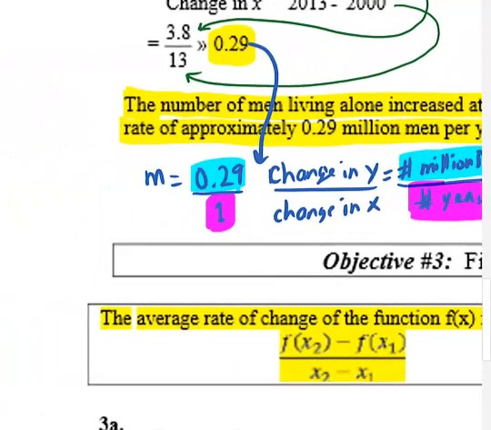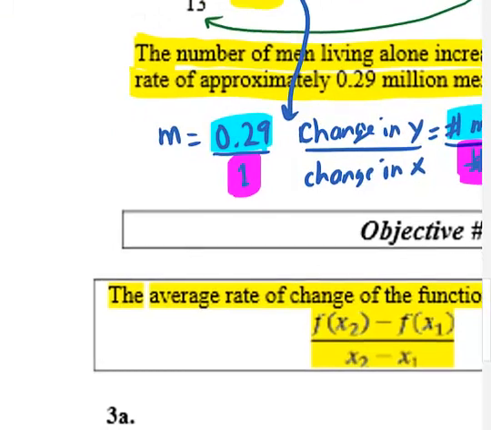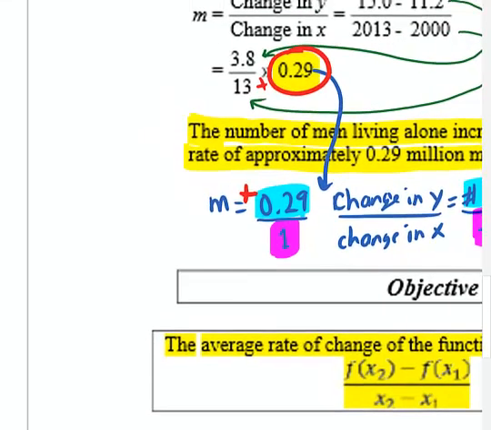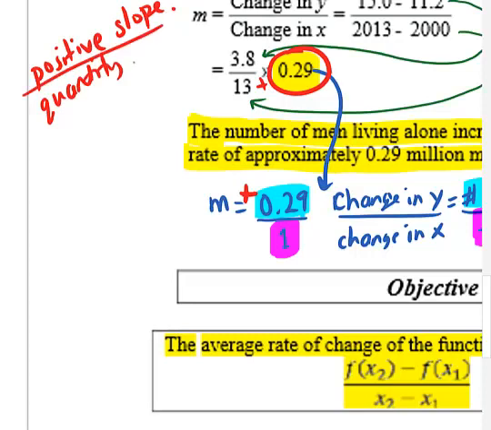And then I guess the last part, it seems small but it's actually important, is notice the slope doesn't have a positive next to it, but that's a positive number, 0.29. So if the slope is positive, that means a quantity is increasing. That's helpful, especially if you're trying to interpret the slope. Positive slope means that a quantity increases.